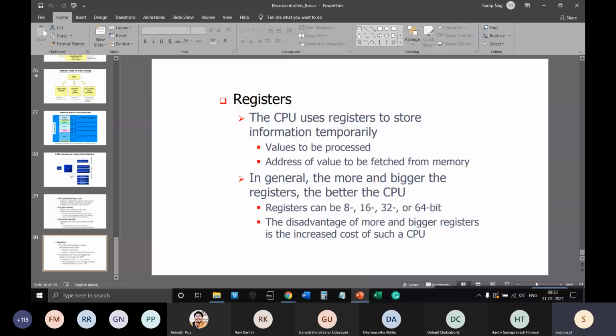So it is basically, let's say, voltage from minus 0.5 to 1.5 volt, for example. I'm giving just a random example. So minus 0.5 to 1.5, that means a range of 2 volt around 0 volt is considered to be logic 0. So logic 0 is not always 0 volt.